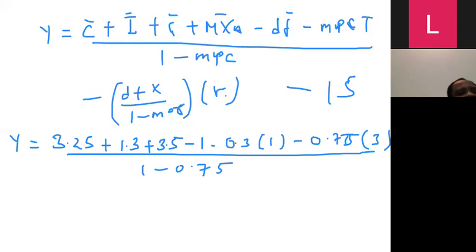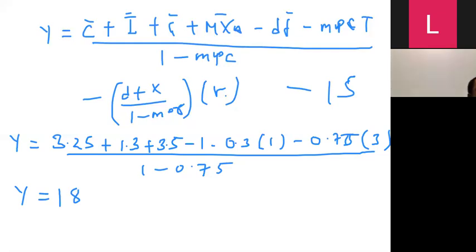That gives me 4.5. So the whole expression gives me 4.5, and then the fraction part is 1 minus 0.75, which is 0.25. So divide by 0.25, and that gives me 18. So I'll say Y equals 18.